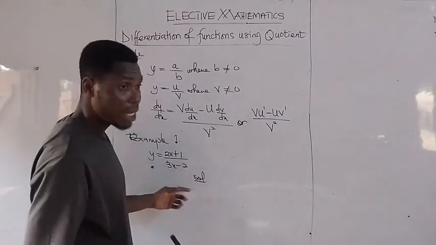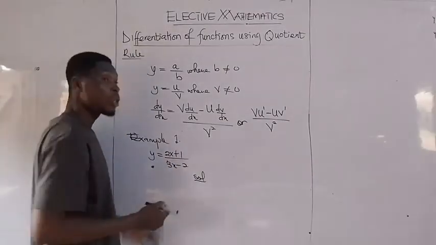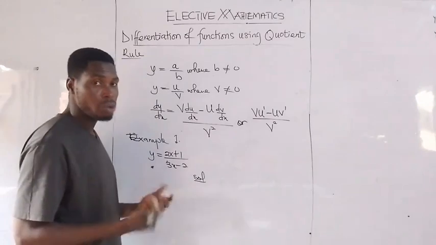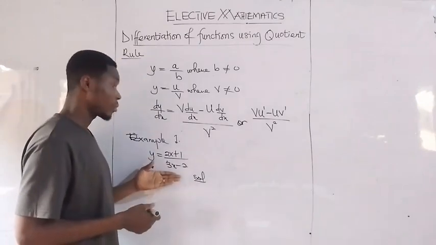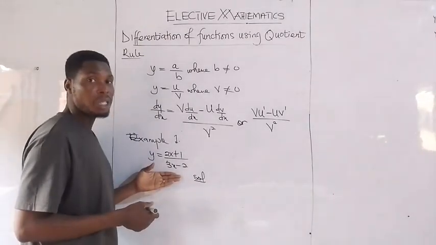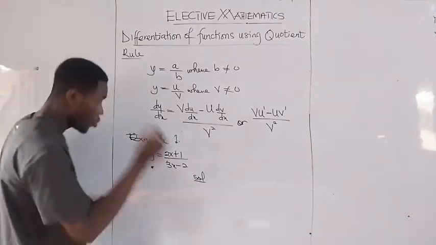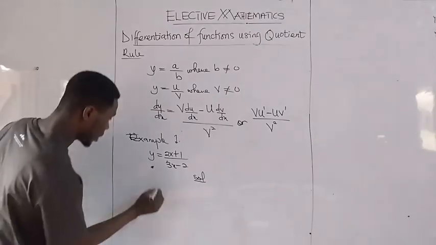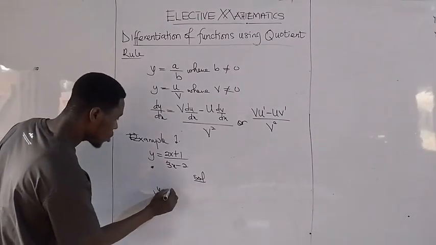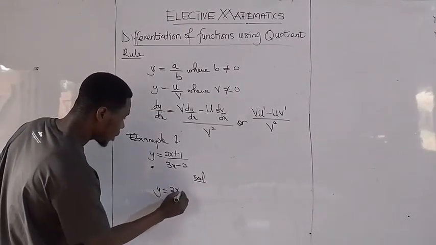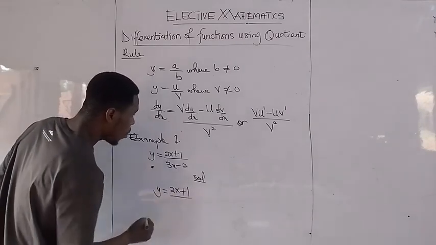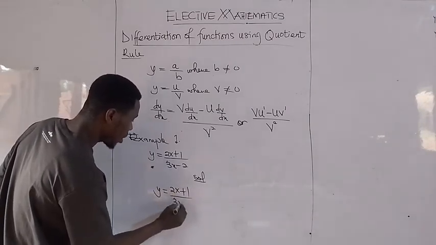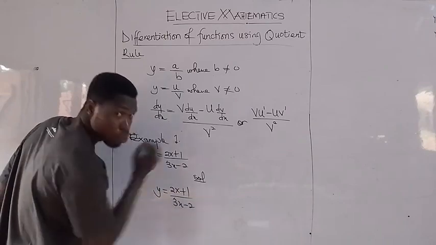It clearly tells us that we are to use the quotient rule. So we repeat the question. If it is not lengthy, you just have to repeat it. Our y is equal to 2x plus 1 all over 3x minus 2.